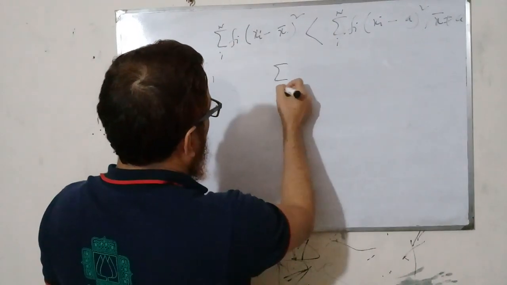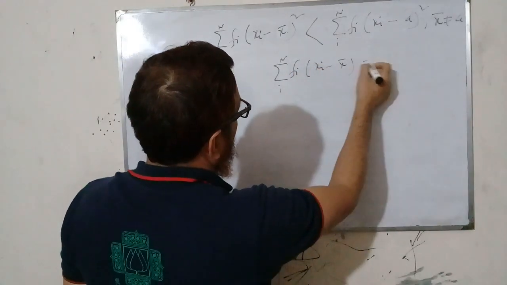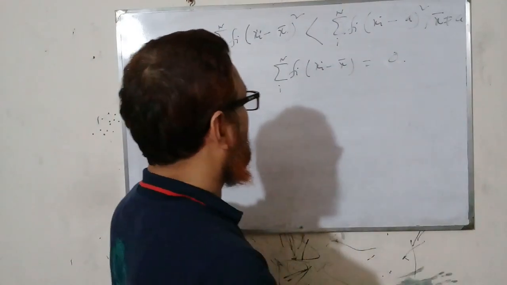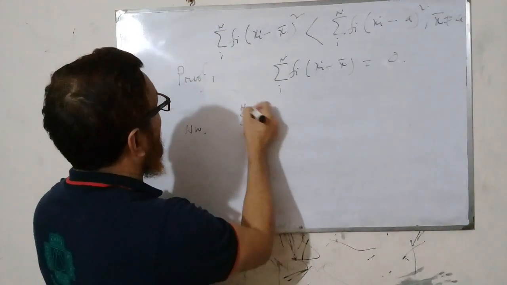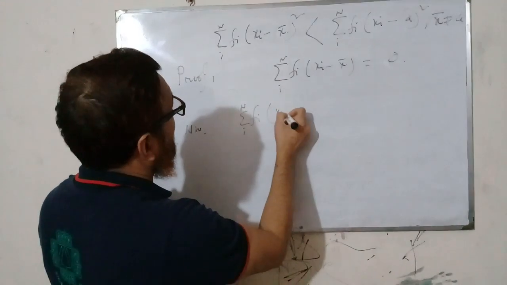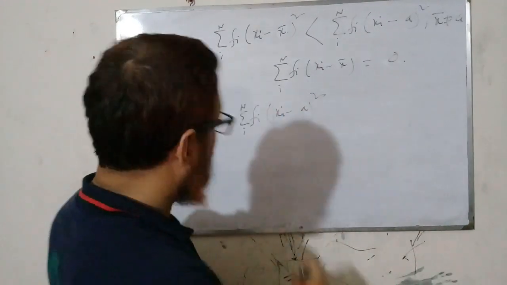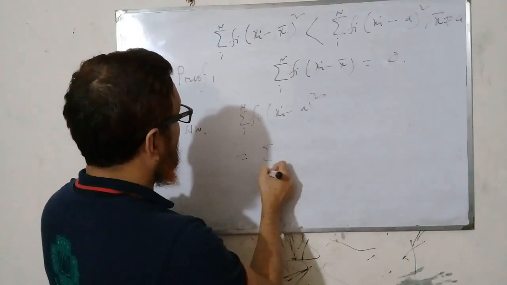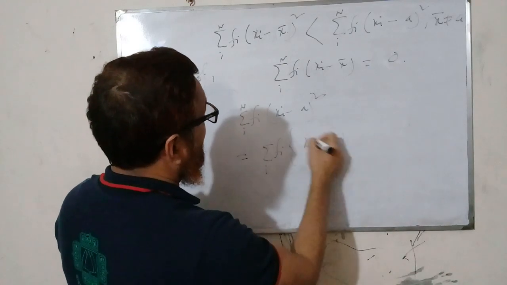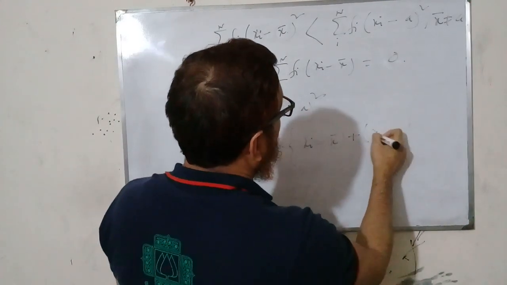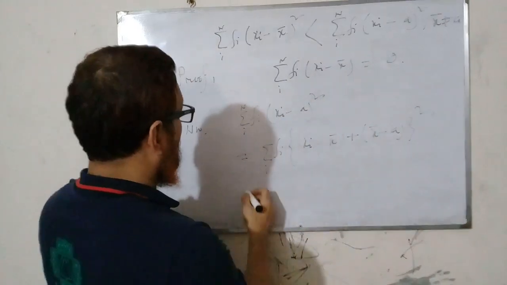So we can write summation fi (xi - x bar) equal to 0. Now (xi - a) whole square equals (xi - x bar plus x bar - a) whole square.